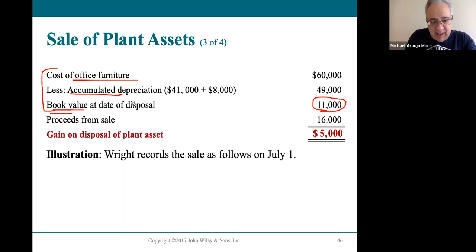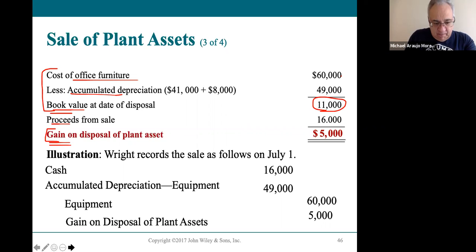So that's the book value. If they received $16,000 from selling that furniture, that's $5,000 more than the book value. And so we would have to recognize that $5,000 as a gain on the disposal of a plant asset. The gains, again, go on the income statement for that year. Very important to know.